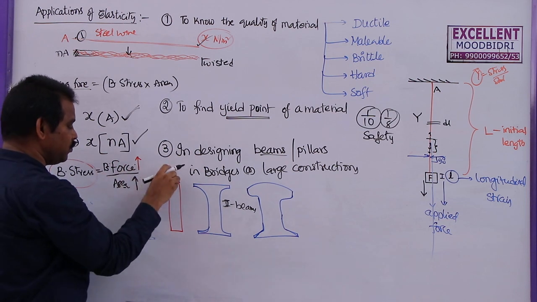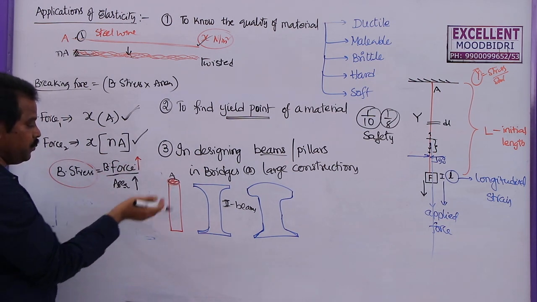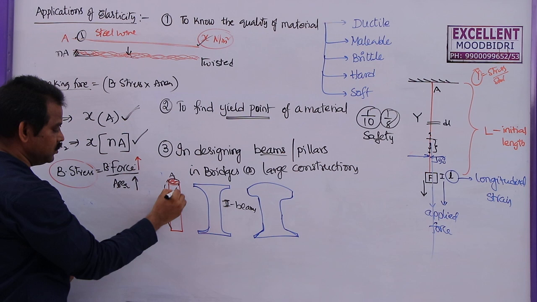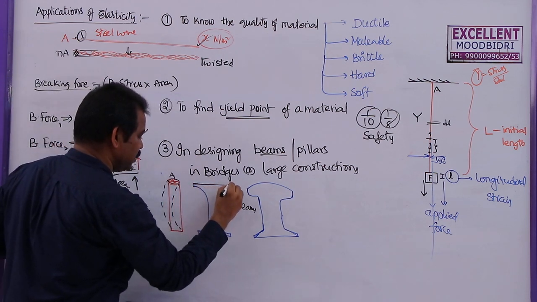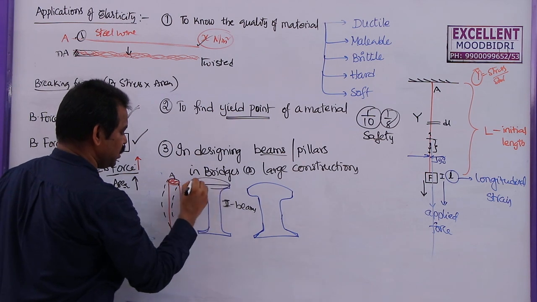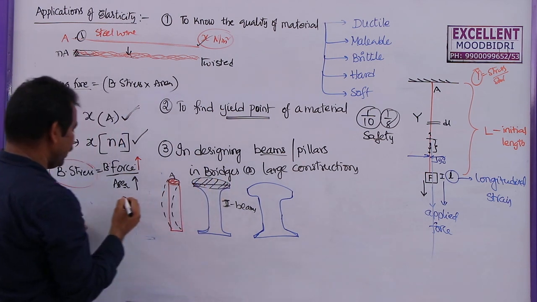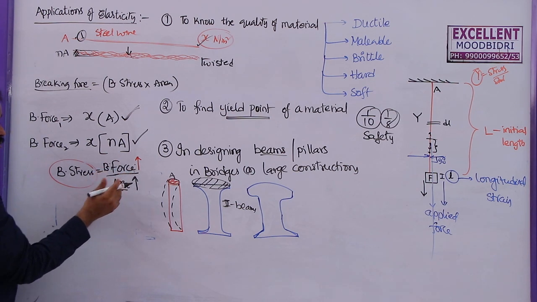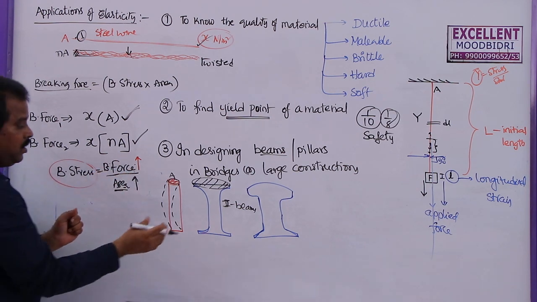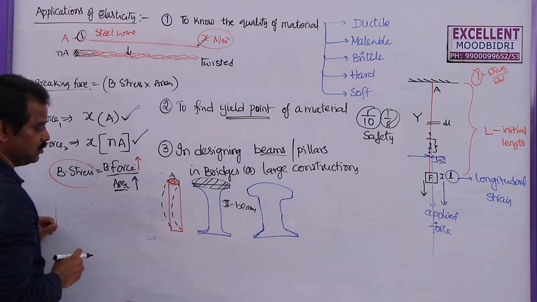That means the load that can be kept on this one is less. If you keep more load, it will buckle like this. But by increasing the cross sectional area, it can bear more force, because we are increasing the breaking force of this I section.